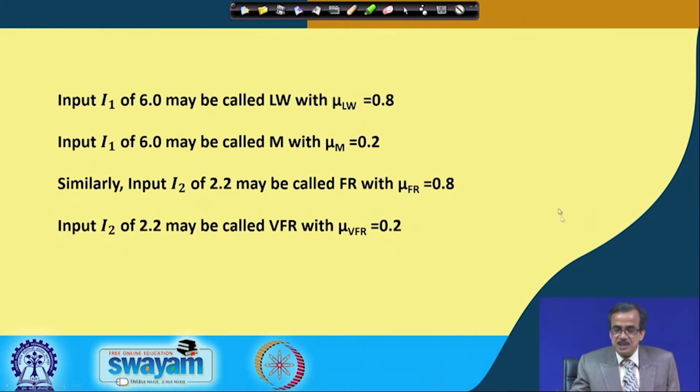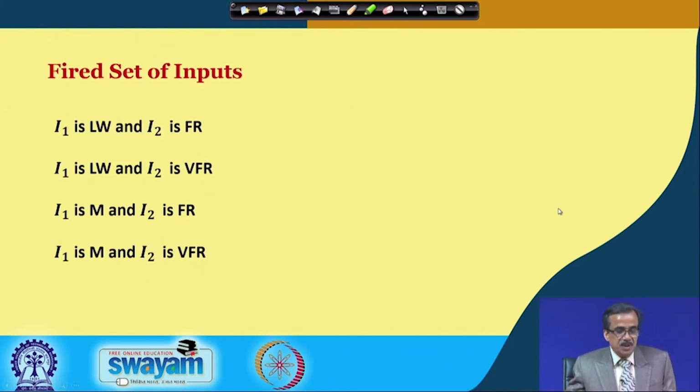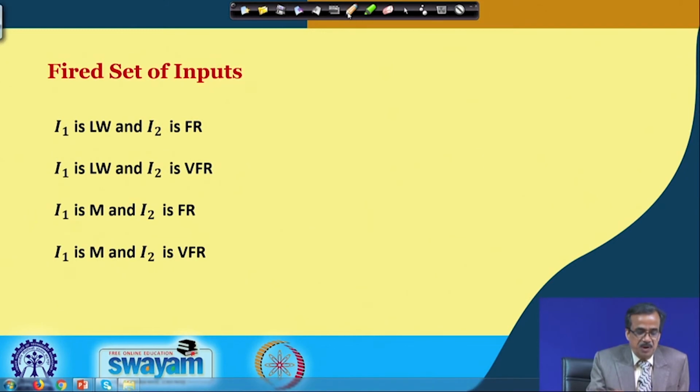And once you have got these membership function values, we are in a position to find out the weight of each of these fired rules. Now, before we calculate the weight of the fired rule, let me mention here the set of the fired inputs. The set of fired inputs are as follows.